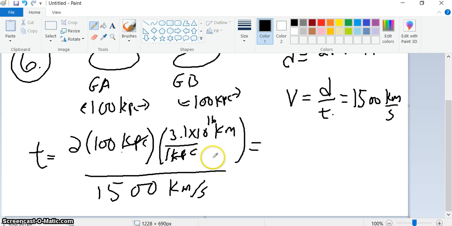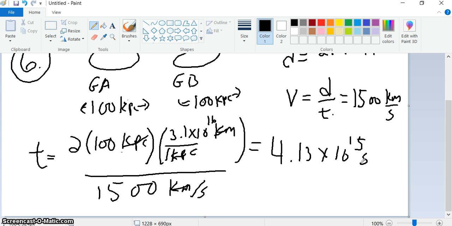And also you divide that by the velocity that's measured. These two things are approaching each other at 1,500 kilometers per second, so the kilometers are going to cancel as well, and so you get 1 over seconds, which of course turns into seconds. So you get, let's see, what did I get? 4.13 times 10 to the 15th seconds.